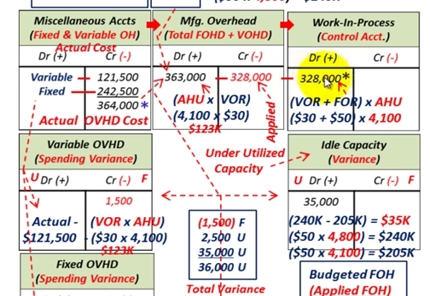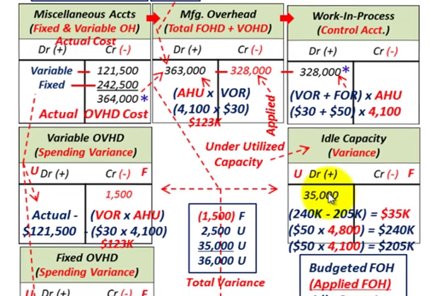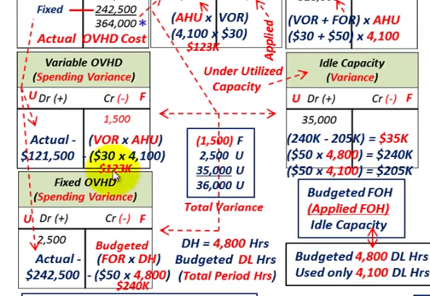All right, just to follow up, let's go over our debits and credits to look at our variances and how they balance out. If we start with our work in process account for what we applied at 328,000, we had a debit amount for that. Then for our idle capacity variance, we have a debit of 35,000. Then if we move over to our fixed overhead spending variance, we have another debit of $2,500.